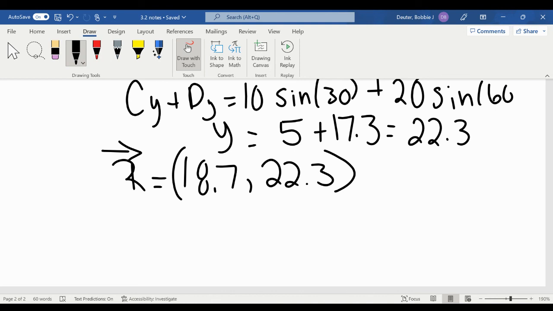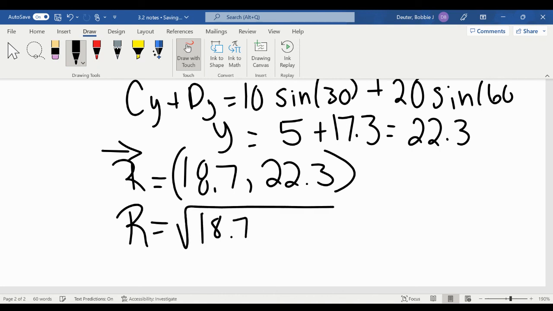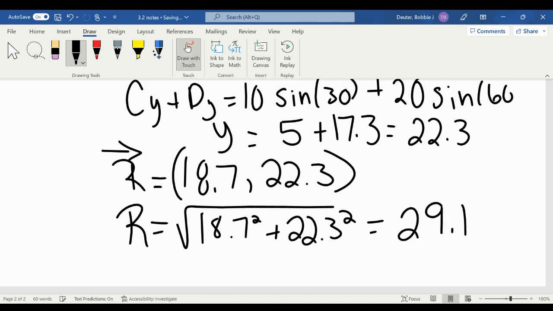And in order to find that R value, we have to take the square root of our 18.7 squared plus 22.3 squared. And we get our R value. So this is really that R vector that we're looking for, and that is 29.1. That is what we call the magnitude of this, because remember, vectors have both magnitude and direction.